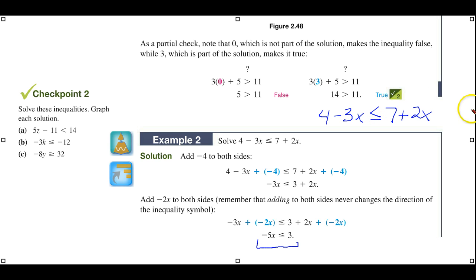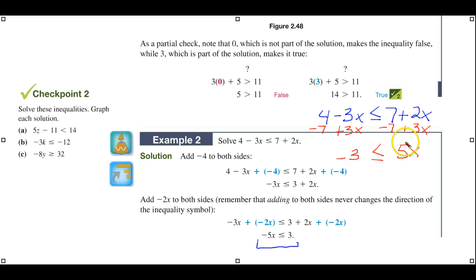I'm going to show you a workaround here, that if you keep your x's positive by adding 3x to this side and adding 3x to this side, you then get 5x there, and you're going to subtract 7 here, subtract 7 there, and this will give you a negative 3 on this side.